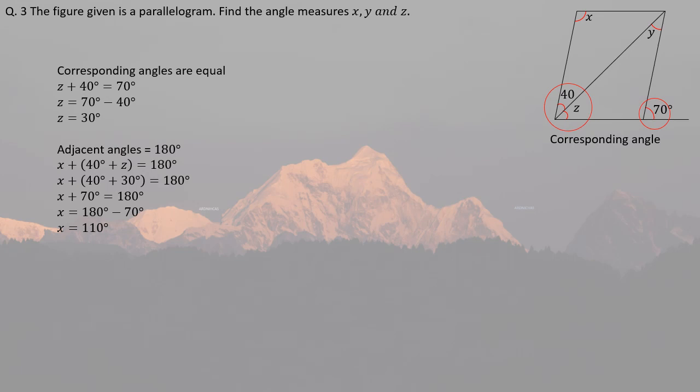Now, before going to the next step to find the value of y, we'll try to understand this figure. It looks like an N, or if you rotate this, it looks like a Z also.